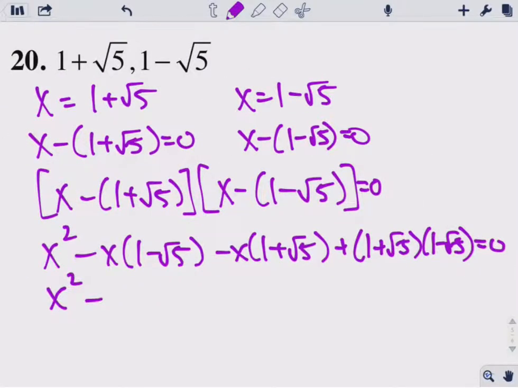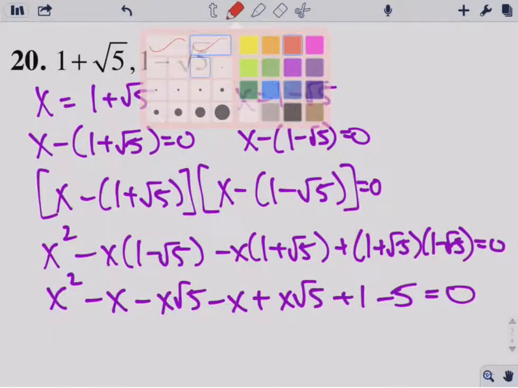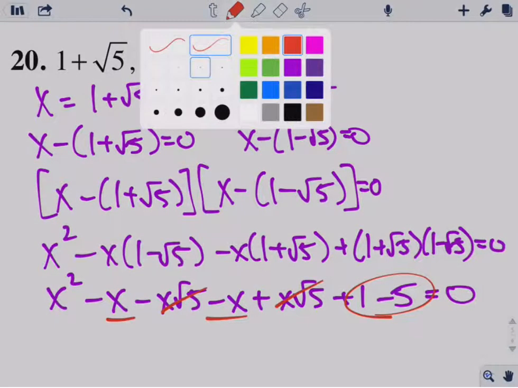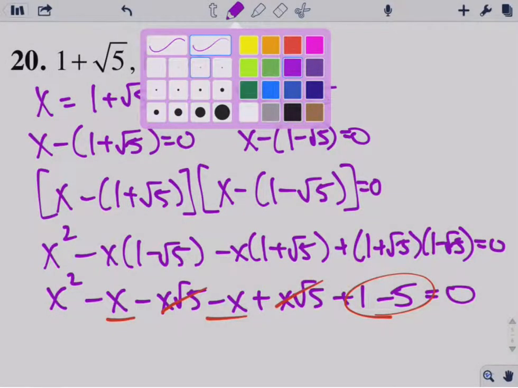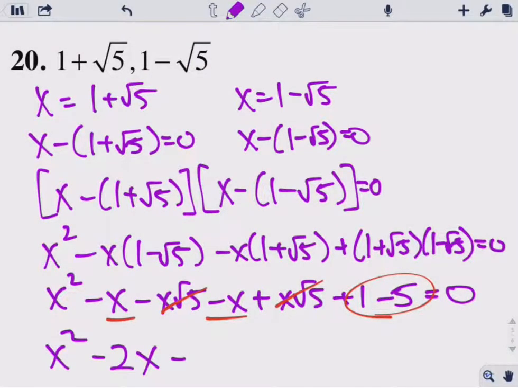So x squared minus x root 5 minus x plus x root 5 plus 1 minus 5 equals 0. Stuff cancels, so cancel it. That stuff combines, and so I get x squared minus 2x minus 4 is equal to 0. And that's your answer for that one.